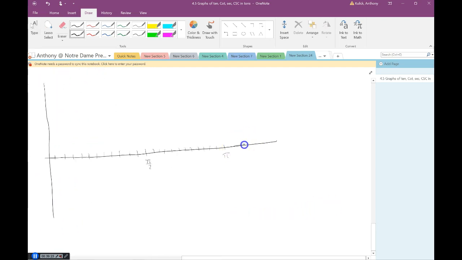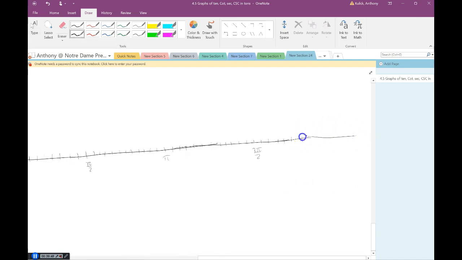I'm going up by 2. Yeah, so these are really 2s. So 2, 4, 6, 8, 10, 12, 14, 16, 18, 20, 22, 24. And then 2, 4, 6, 8, 10, 12, 14, 16, 18, 20, 22, 24 is out to 2 pi.